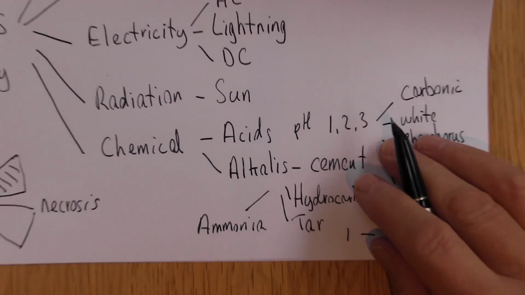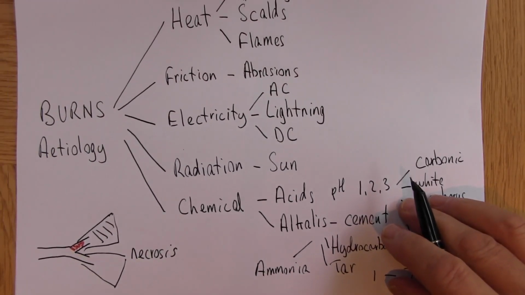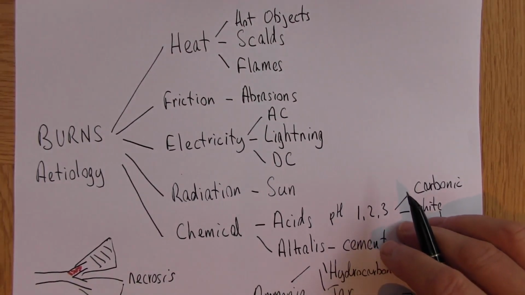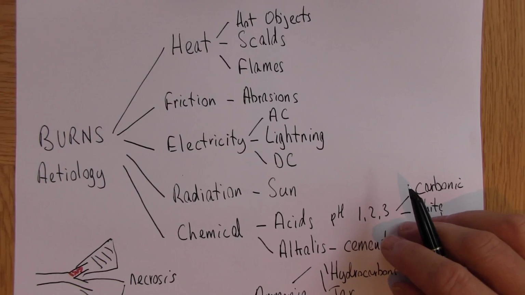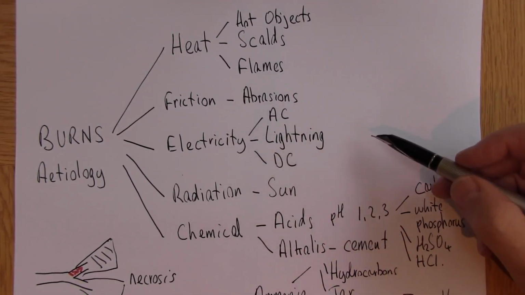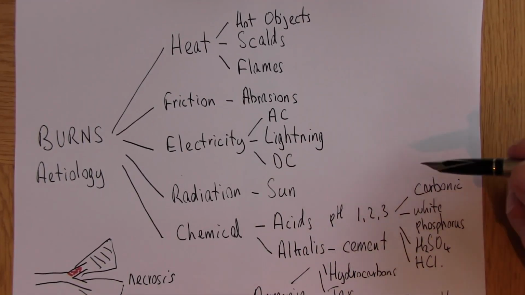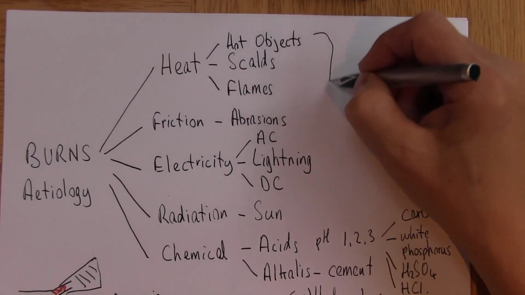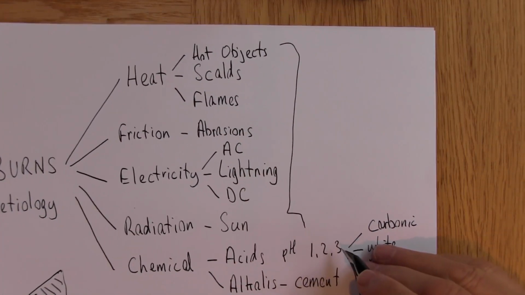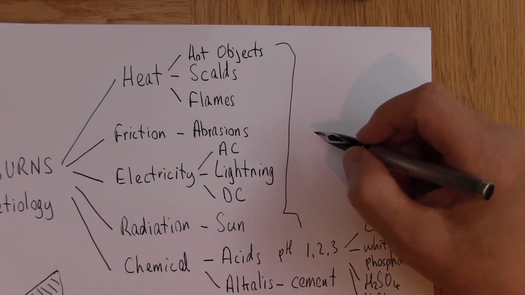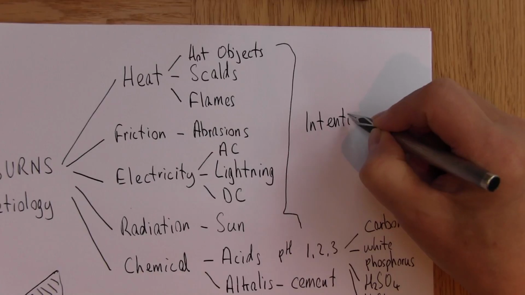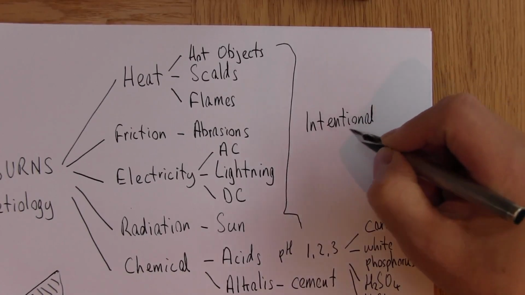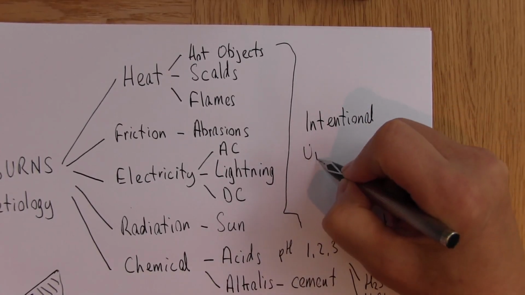Not just simple thermal injuries. A few other things interesting to think about, and we do come across these. Also, all of these really can be intentional or unintentional. So we could include all of these here, really, all of them, and decide whether they are intentional or unintentional.